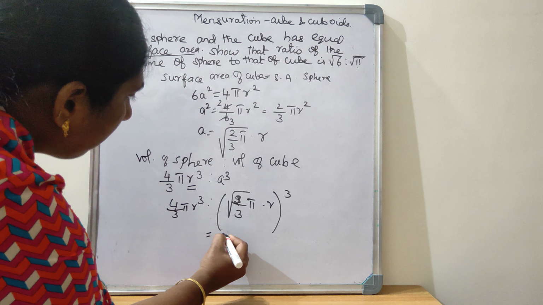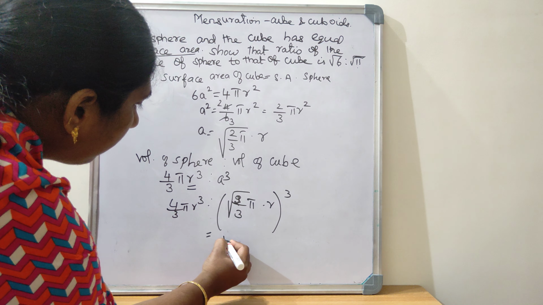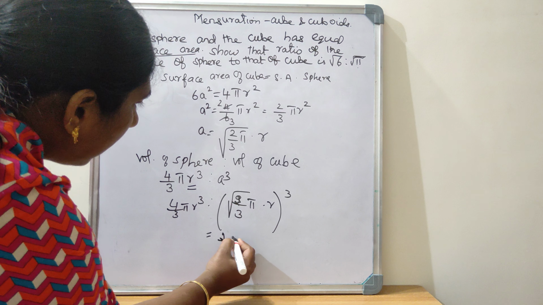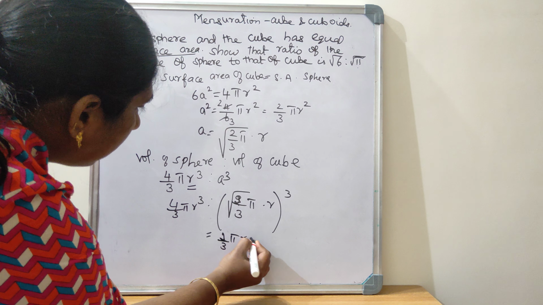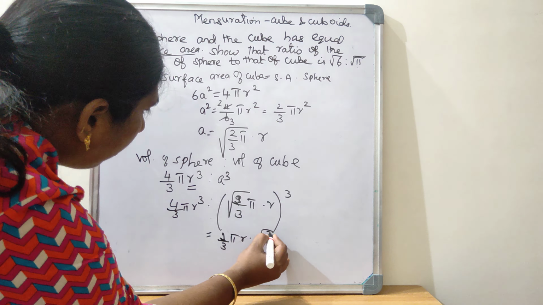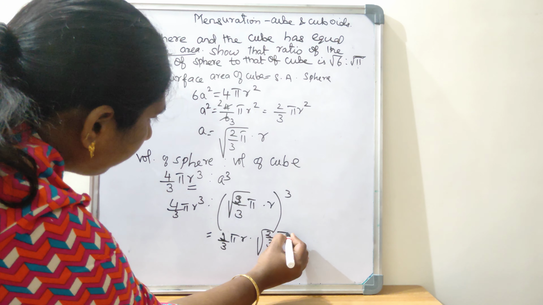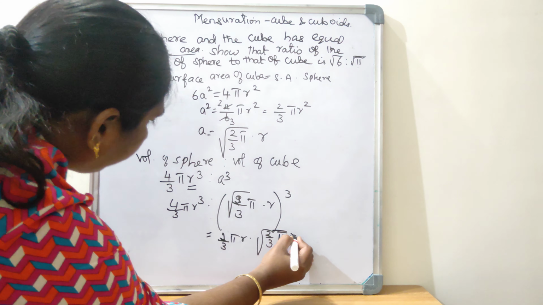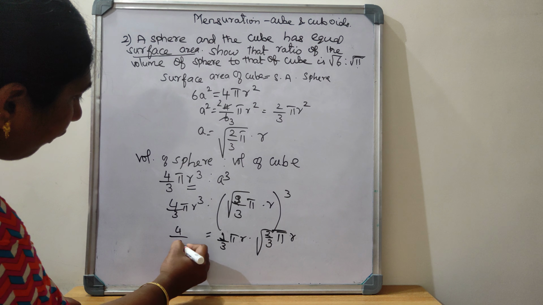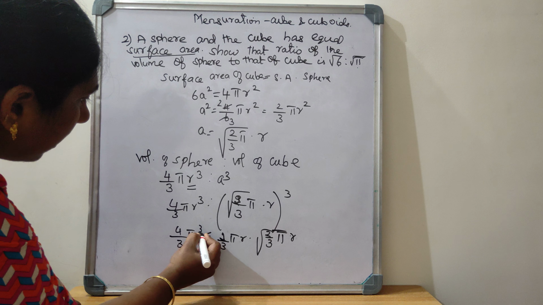So that is nothing but 2 by 3 pi r, and the other thing you will get inside the root. And this side you have 4 by 3 pi r cube.